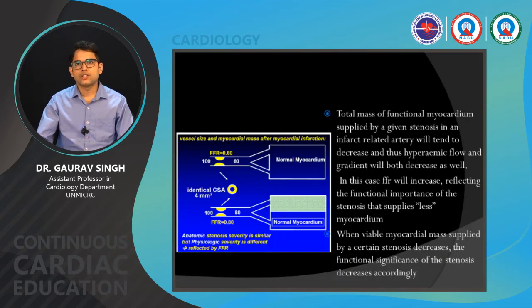The total mass of functional myocardium supplied by a given stenosis in an infarct related artery will tend to decrease, and thus hyperemic flow and the gradient will both decrease as well. In this case, FFR will increase, reflecting the functional importance of the stenosis that supplies less myocardium. When viable myocardium mass supplied by a certain stenosis decreases, the functional significance of the stenosis decreases accordingly.